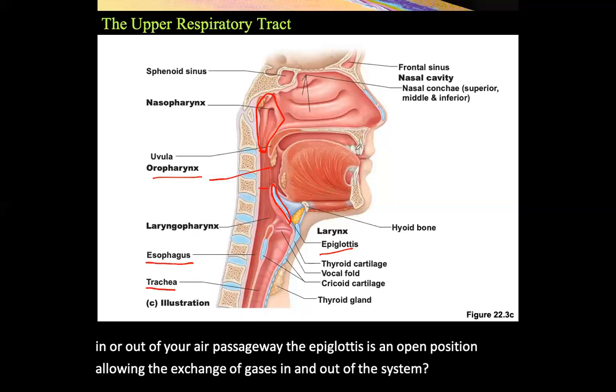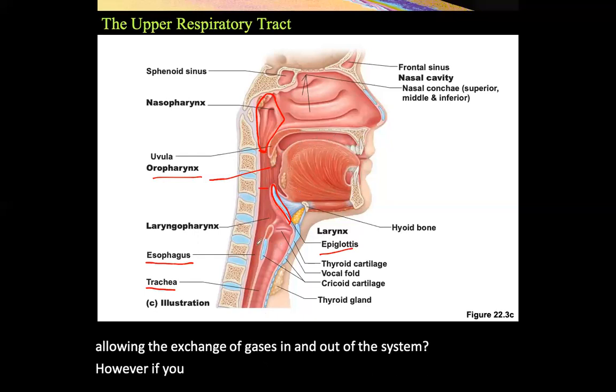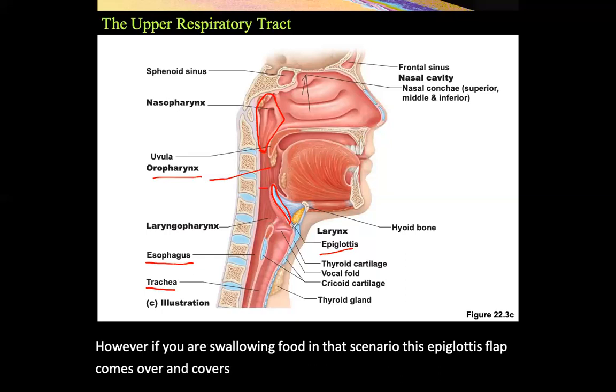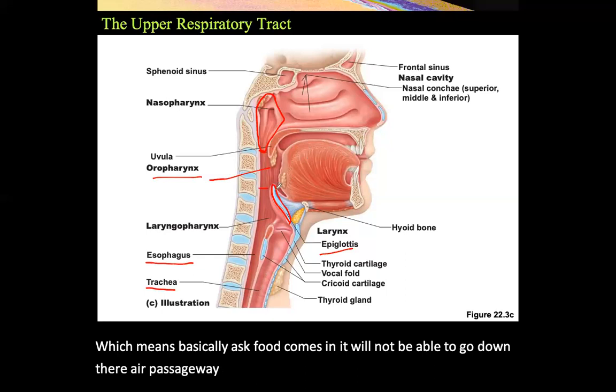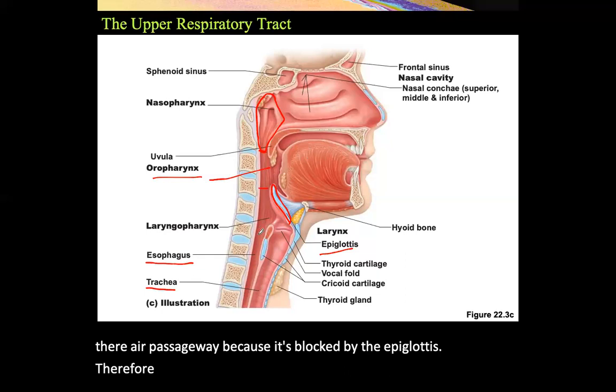However, if you are swallowing food, in that scenario, this epiglottis flap comes over and covers the vocal cords and the air passageway, which means basically as food comes in, it will not be able to go down the air passageway because it's blocked by the epiglottis. Therefore, the only path it will have is going down the esophagus.